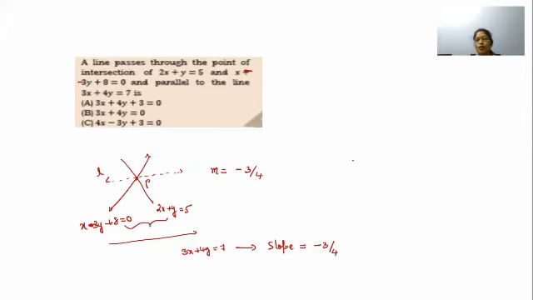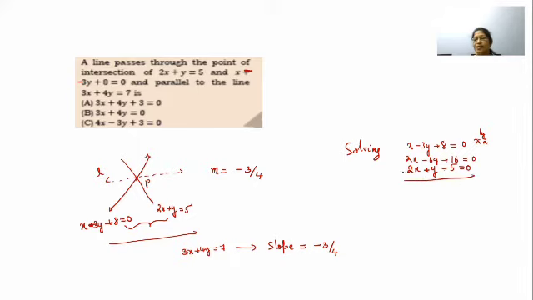By solving these two: x minus 3y plus 8 is equal to 0 and 2x plus y minus 5 is equal to 0. I brought the constant to one side and make the coefficient of x or y the same. So shall we multiply this by 2? If I multiply this by 2, I get 2x minus 6y plus 16 equal to 0. Subtract these two equations.